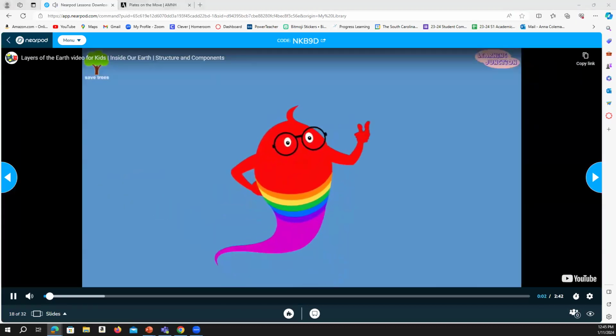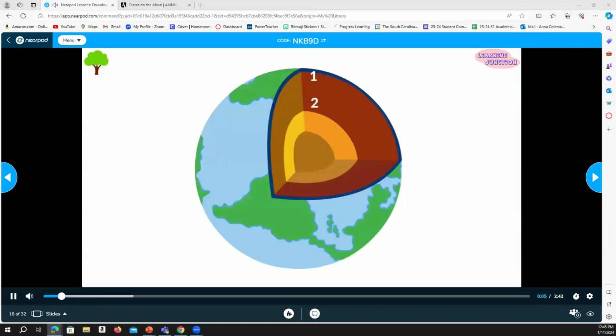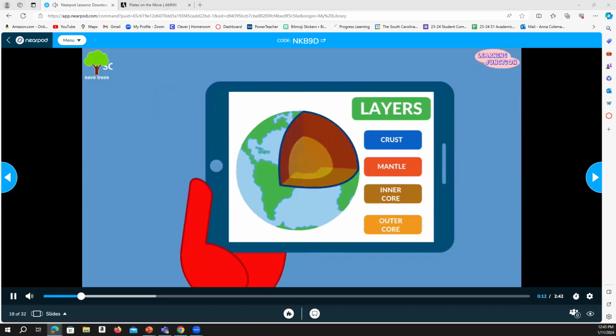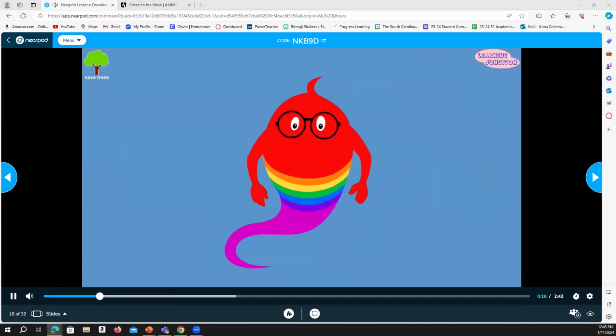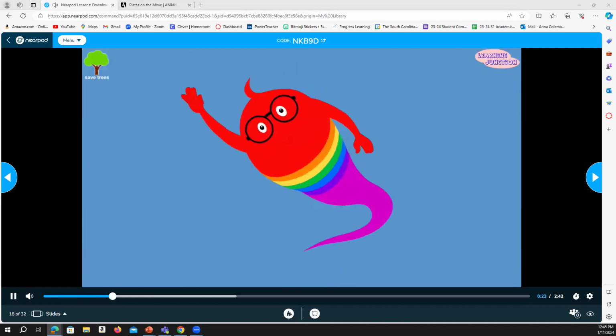Hello, friends. Today, we'll learn about the layers of the Earth. The Earth is made of 4 layers: the crust, the mantle, inner core, and the outer core. Some of the layers have even more layers inside them and are always moving. Come on, let's start from the outside and move our way in.